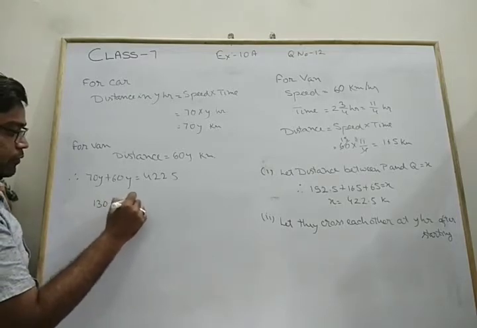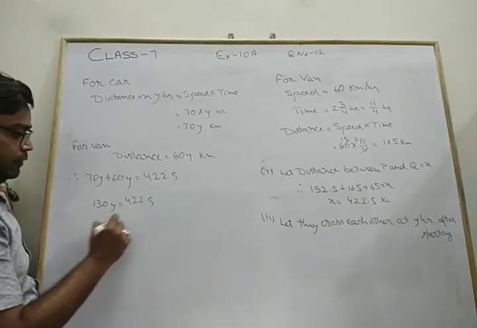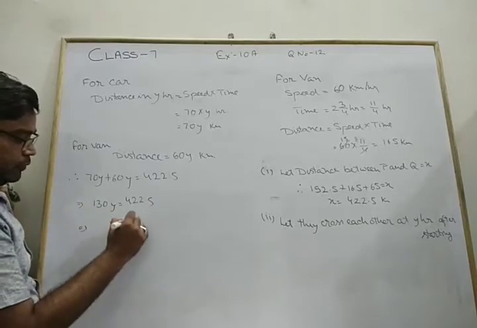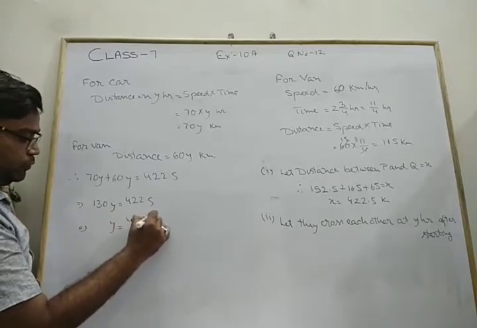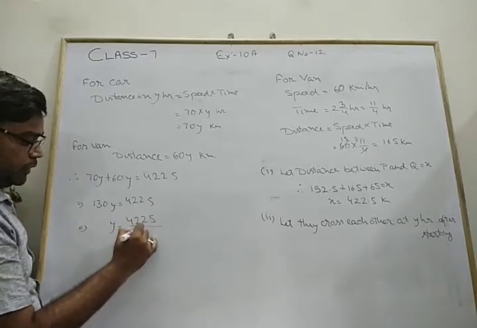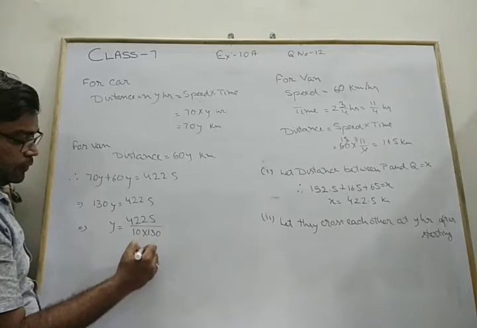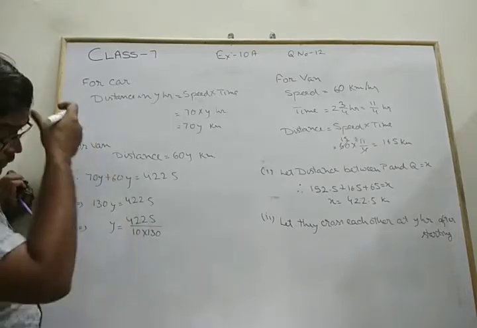130y equals 422.5. You can write down 4225. We remove the decimal, so it's 10 into 130y. Okay, it's 130.